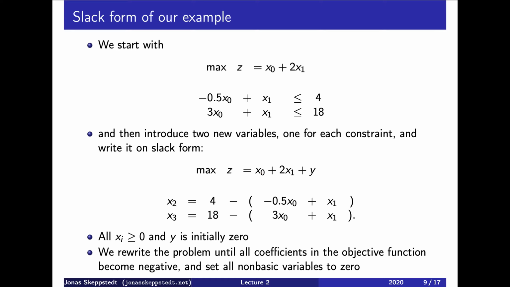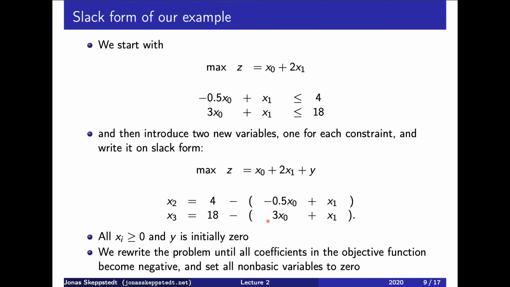How much can we increase it? That's limited by these equations. If we increase x0, we will not make x2 negative. So x2 does not limit how much we can increase x0.